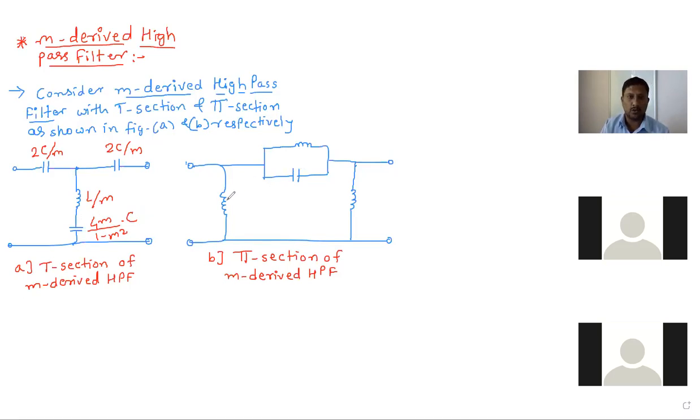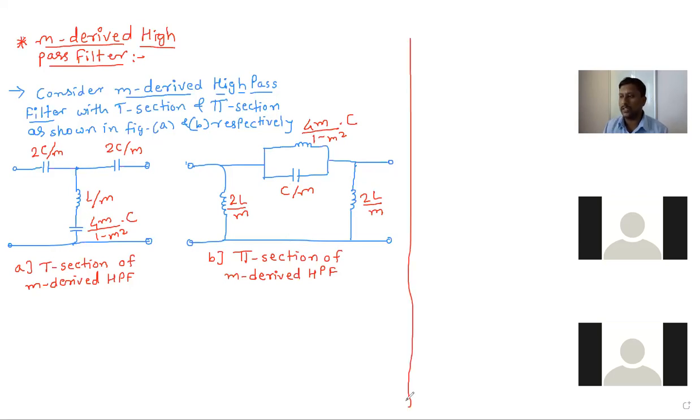Now here 2L is already there, so 2L by M. Now for the capacitor, only C was there, so C by M. For the inductor, it is 4M divided by 1 minus M square into C.